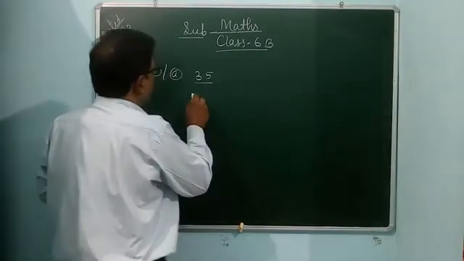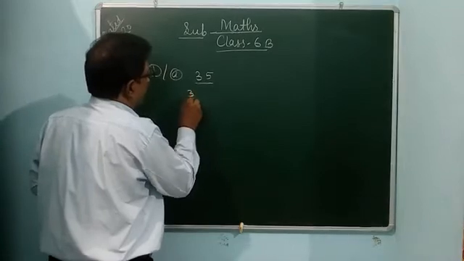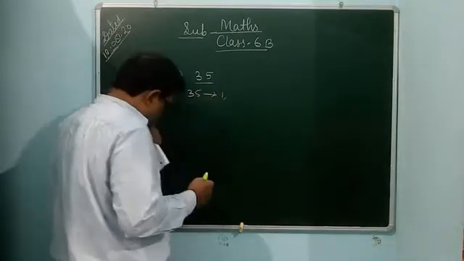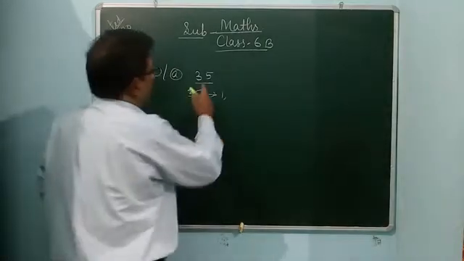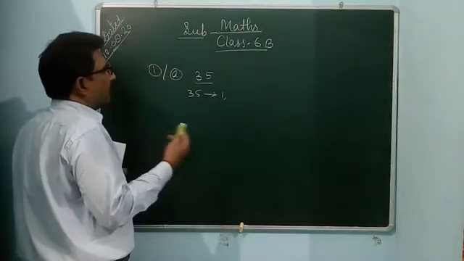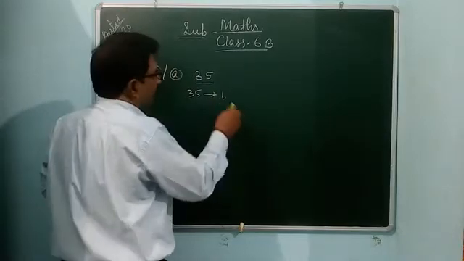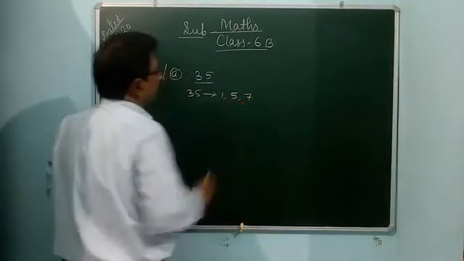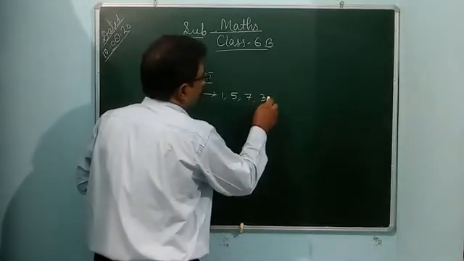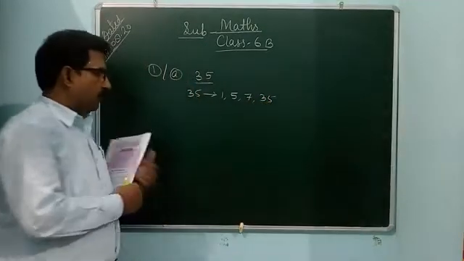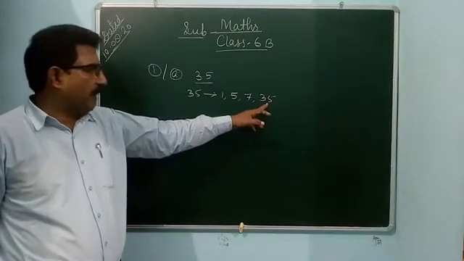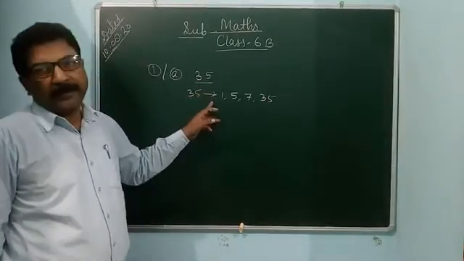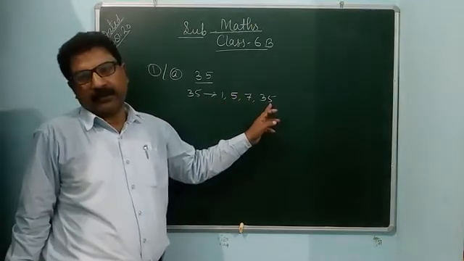You can find the factors of 35: 1 is already a factor of all numbers, it is not divisible by 2, 3 or 4, but by 5 and after that 7, and then 35 itself. So the factors are 1, 5, 7 and 35.